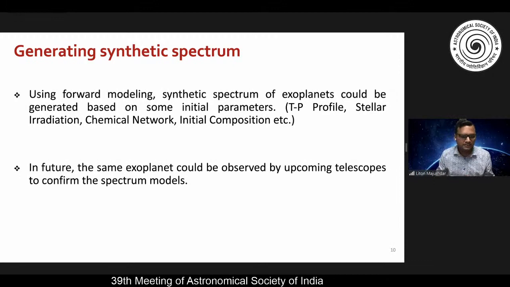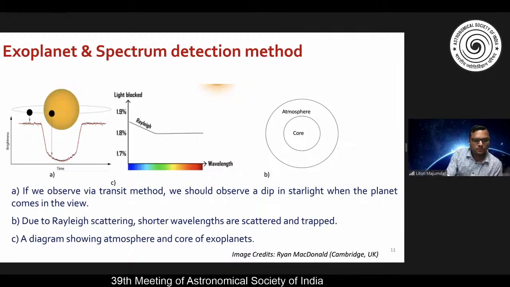Then we also need stellar radiation spectra, a chemical network, and the initial composition of those exoplanets. In future, the theoretical synthetic spectra for various exoplanets can be verified with upcoming space and ground-based telescopes, to see whether those exoplanets really have any biosignatures or features like water to observe in the future.